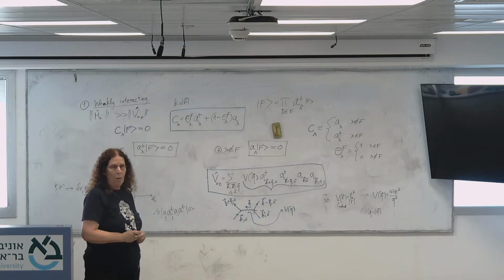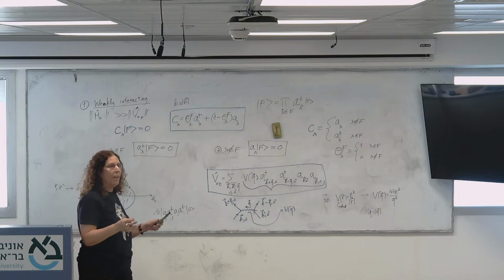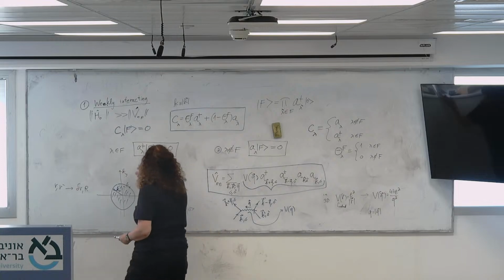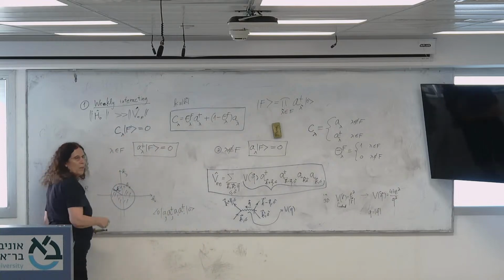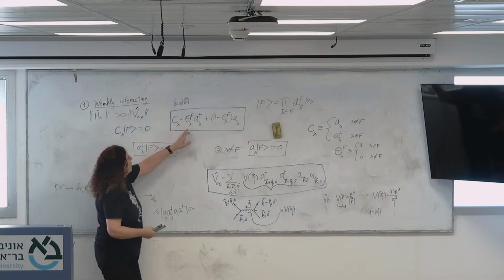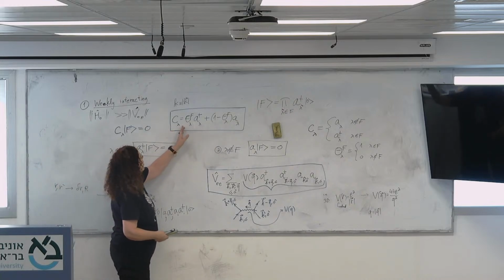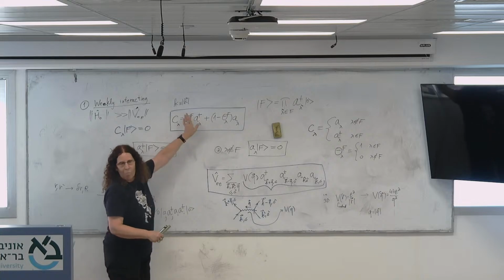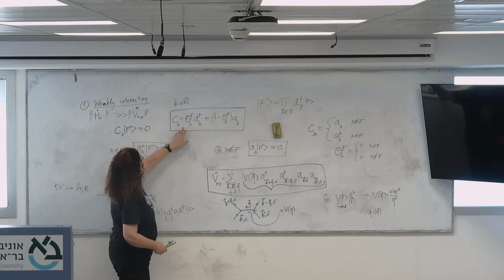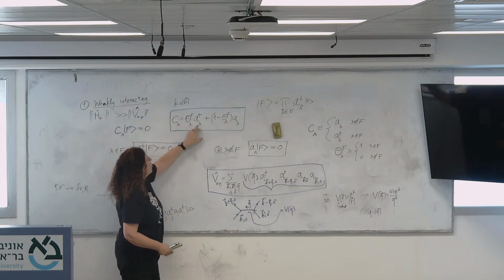Therefore, by the way that we define a vacuum and annihilation operators, it is an annihilation operator with respect to F. Now, what kind of form does it have? You can think of it as a superposition. It's a trivial superposition, but still, it's a superposition of creation and annihilation.